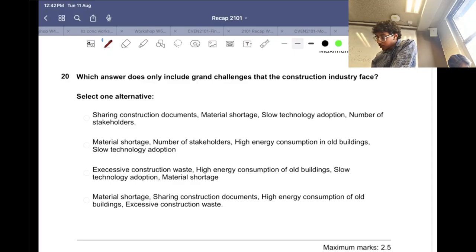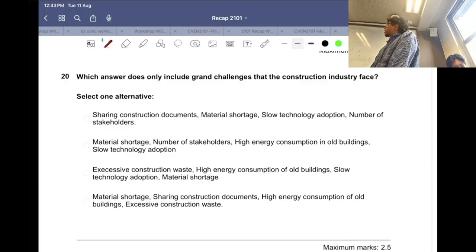Material shortage, number of stakeholders, high energy consumption in old buildings, slower technology adoption. Excessive construction waste, high energy consumption of old buildings, slow technology adoption, and material shortages. Or material shortages, sharing construction documents, high energy consumption of old buildings, and excessive construction waste.